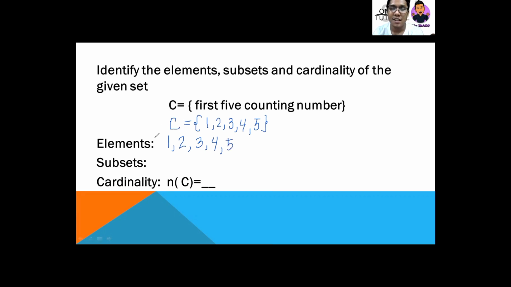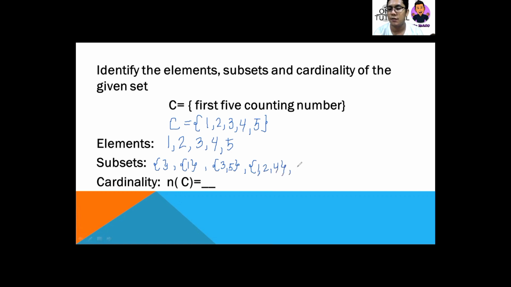Now the subsets. Remember, an empty set is a subset of any set. Also, we could have a subset with 1 element, that is 1. We could also have 2 elements, for example 3, 5. We could also have 3 elements, 1, 2, 4.